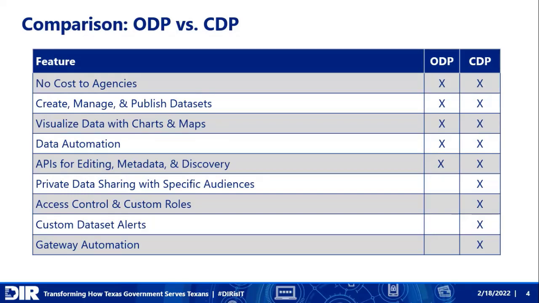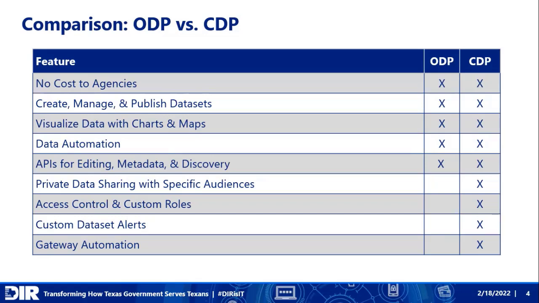An API, or application programming interface, lets applications talk to each other. The robust API functions also allow for metadata management and data discovery, in addition to dataset publication and updates. So it's great that these same capabilities of the ODP are included in the CDP.